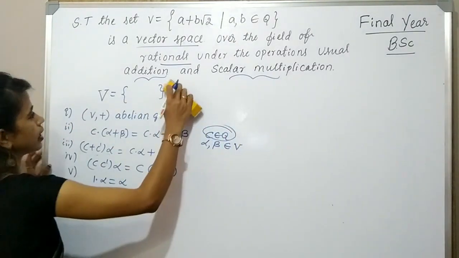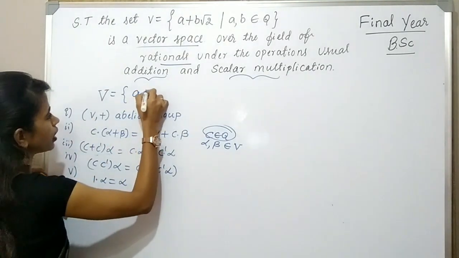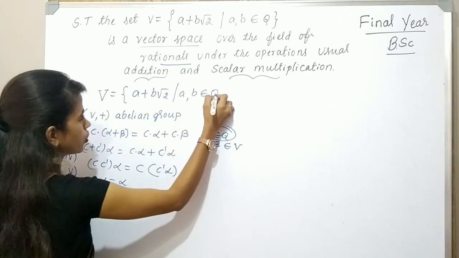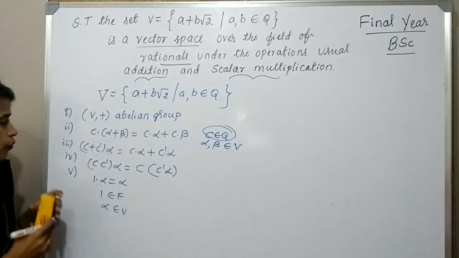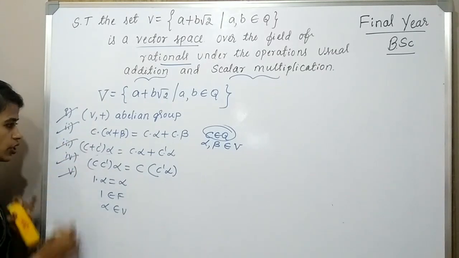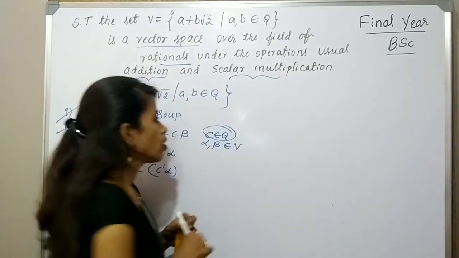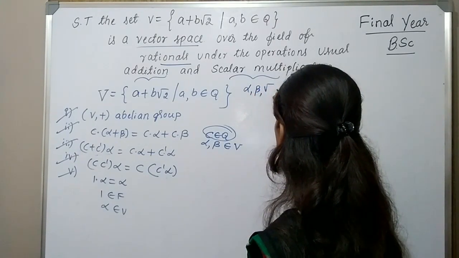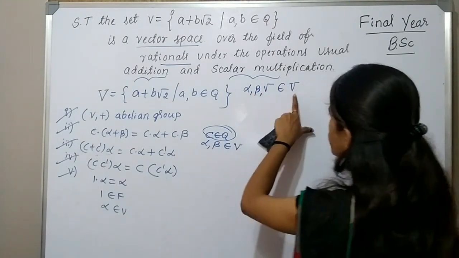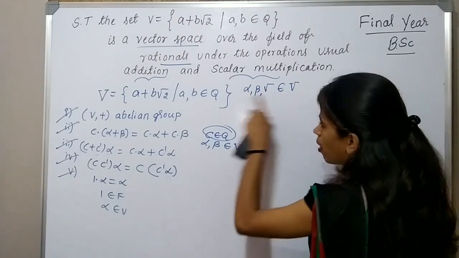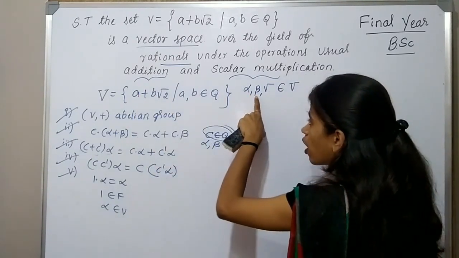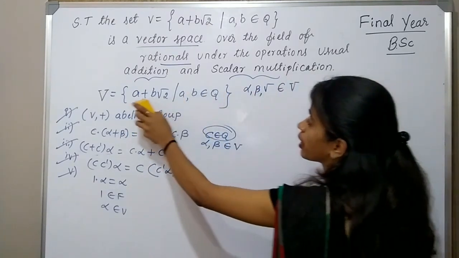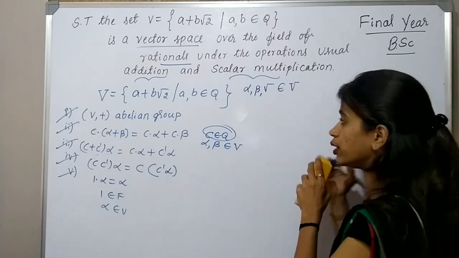So this is the set a plus b root 2, such that a, b belong to Q. So for these 5 conditions, we must have 3 elements. For that I am choosing alpha, beta, gamma belonging to V. So belongs to V means what? Alpha is in the form a plus b root 2, beta also is in the form a plus b root 2, and gamma is also in the form a plus b into root 2.